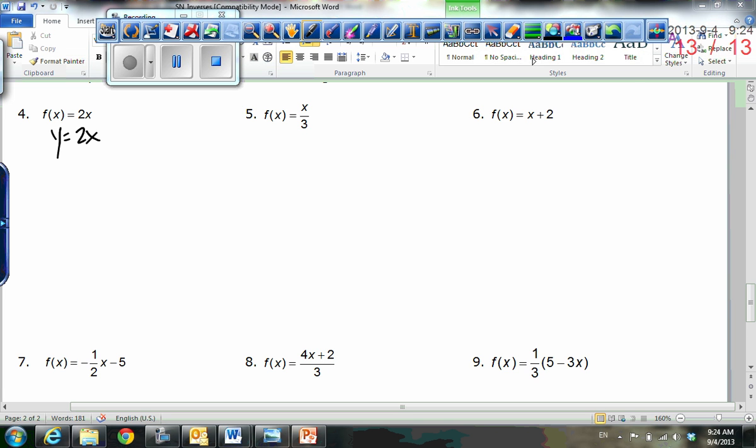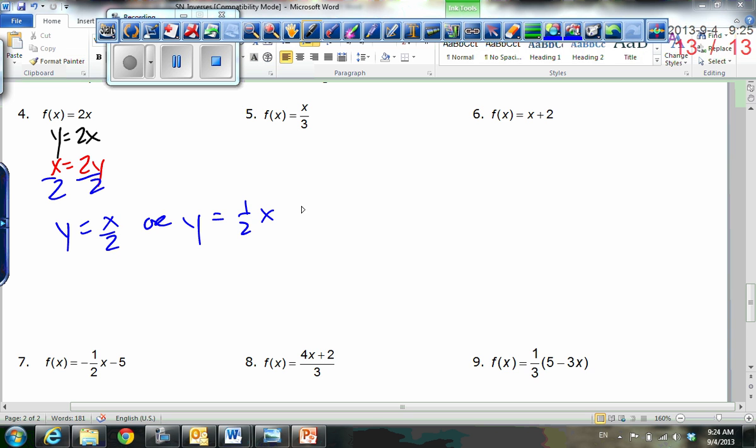Switch x and y. And the last thing is just to solve for y. So what do I need to do to get that y by itself? Divide by 2 on both sides. So y equals x over 2 or y equals 1/2 x.